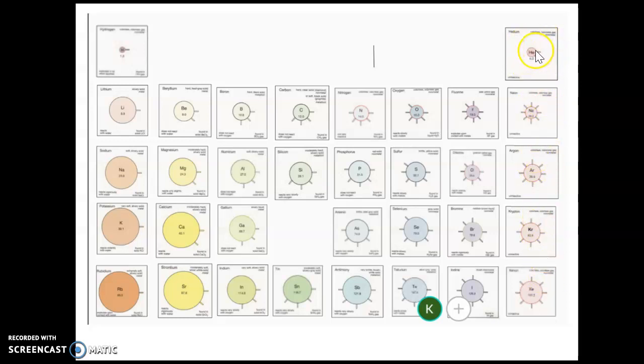This one looks like it only has two pegs, but it has the same chemical properties in that it's non-reactive, and it also has that red color. And you'll notice that this one here always reacts with one fluorine. So we grouped these elements together based on similar physical and chemical properties.